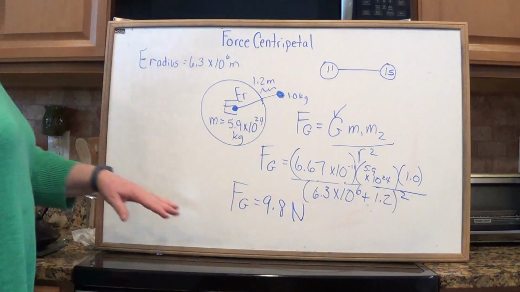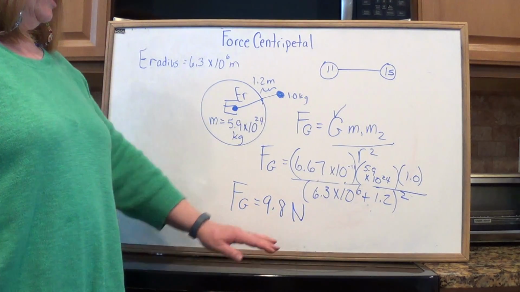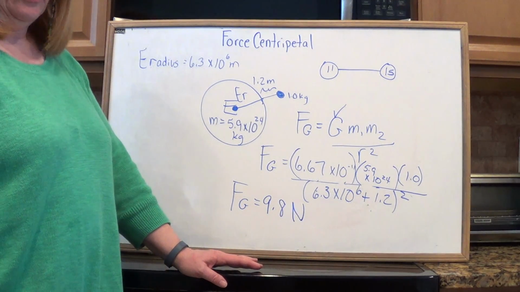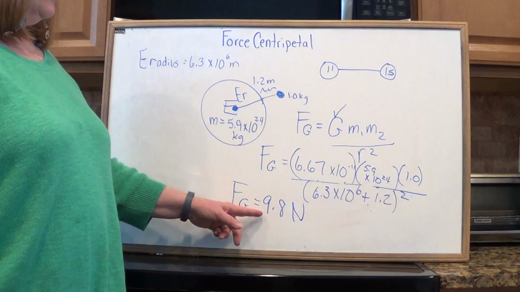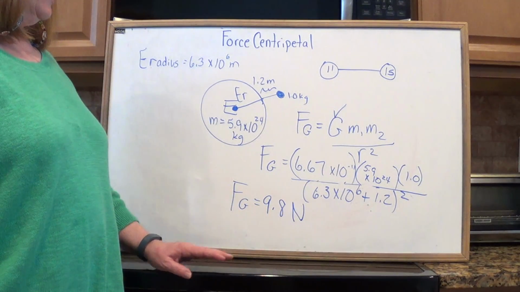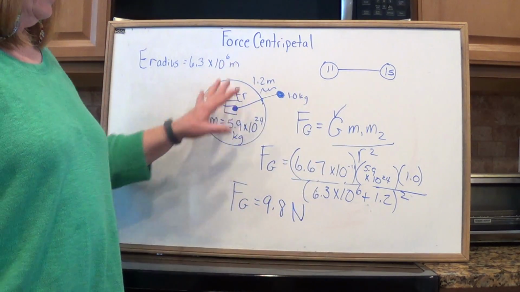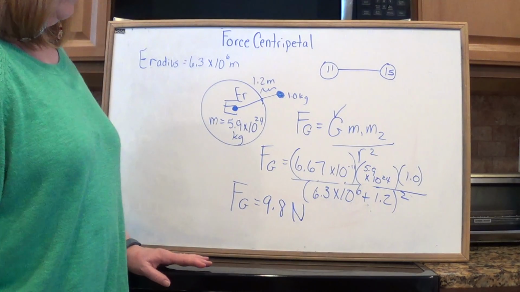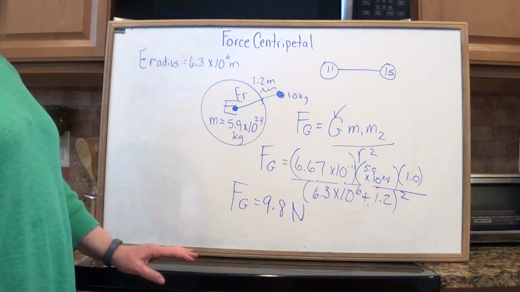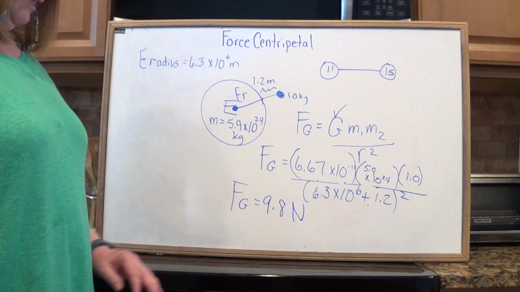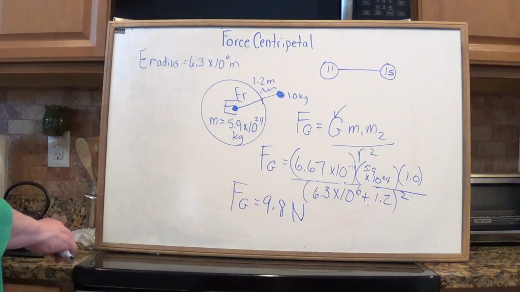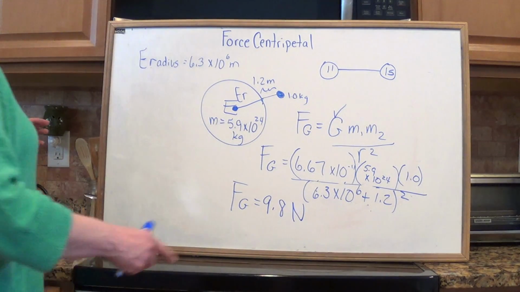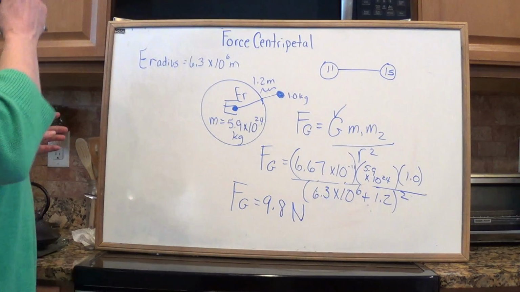There's an old friend. You might wonder why we say that the acceleration due to gravity is 9.8 meters per second squared. It's also embedded in this idea of the force of gravity between the Earth and objects near the surface of the Earth. So, force is 9.8 newtons. That's an old friend of ours.